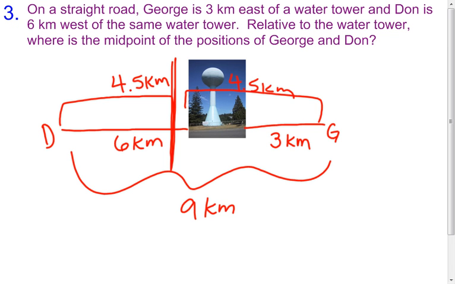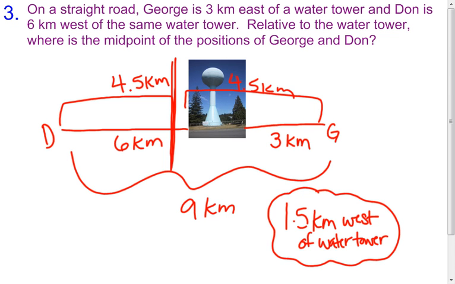So if you go 4.5 kilometers from Don's position, that means you're still 1.5 kilometers west of the water tower. So that's what you need to know. Okay, and that's how that will look.